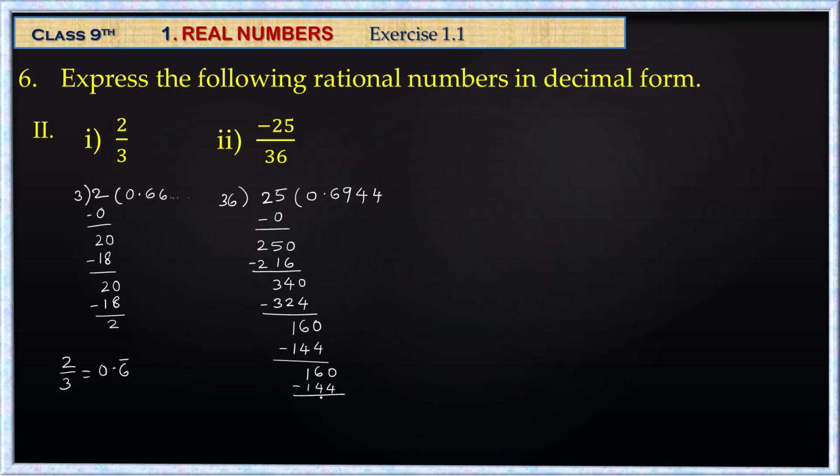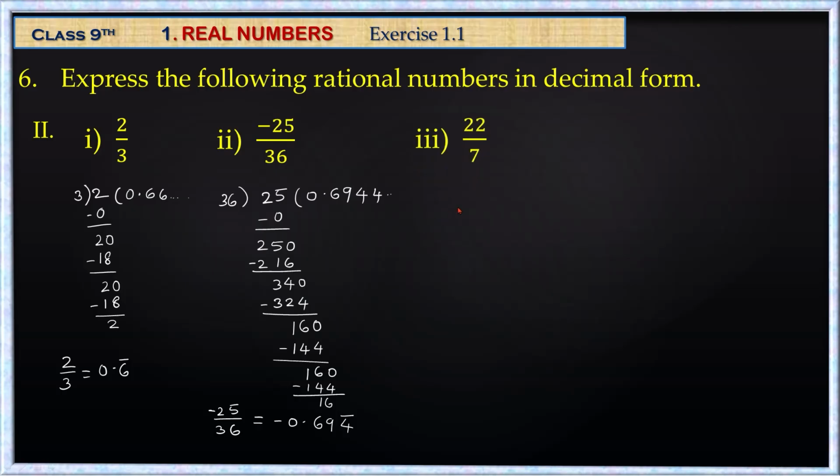Again you will get 16 as a remainder. From this onwards the digit 4 is repeating. So we can write minus 25 by 36 as minus 0.694, with only the 4 repeating. So we put a bar on 4.